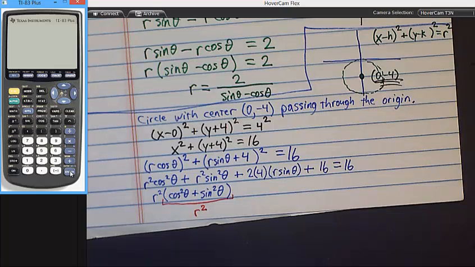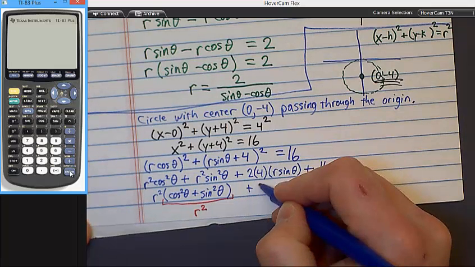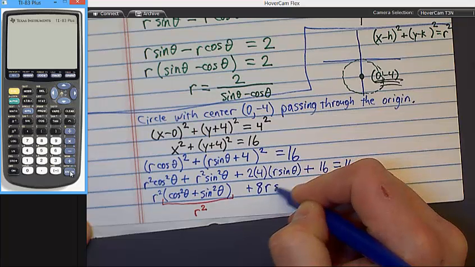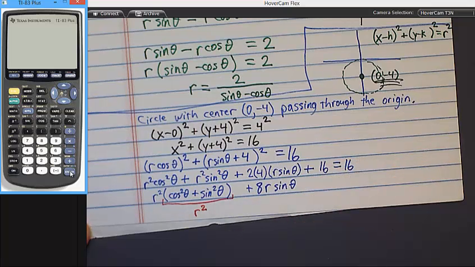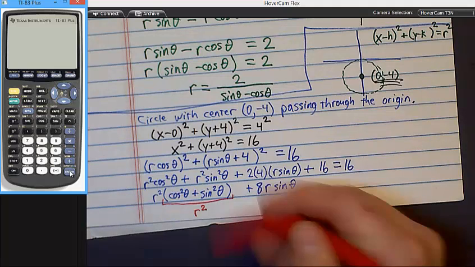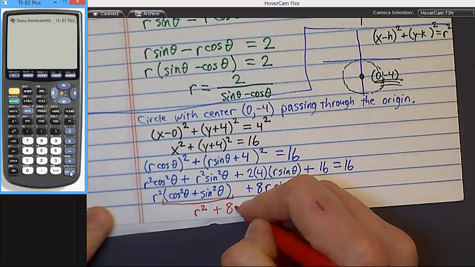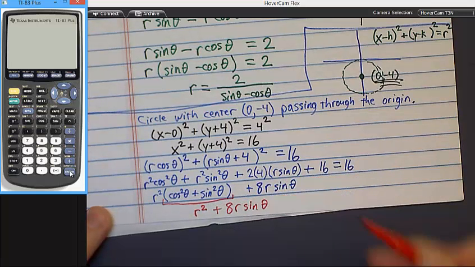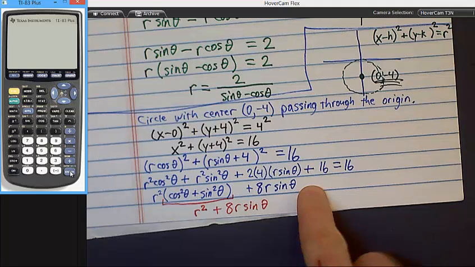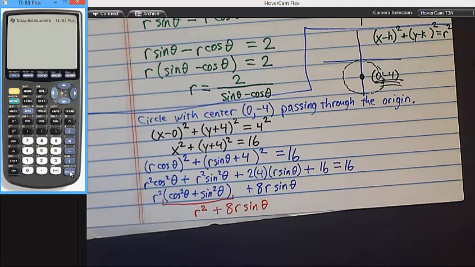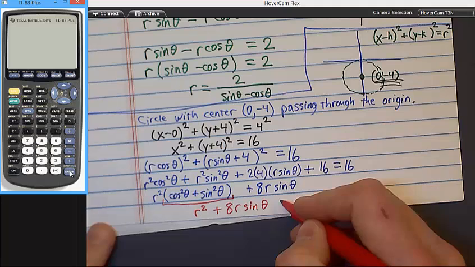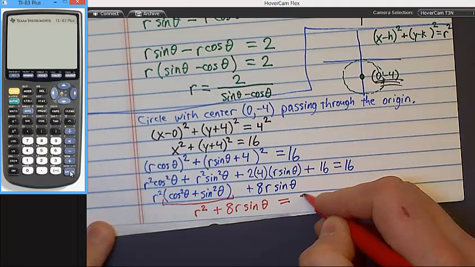Now the next piece here I have plus 8r sine theta. So I have r squared plus 8r sine theta. And then I have plus 16 equals 16. So if I subtract 16 from both sides, I just have equals what? 0.